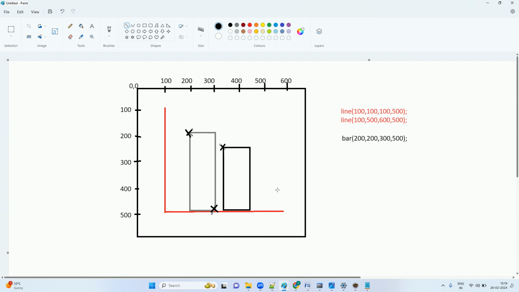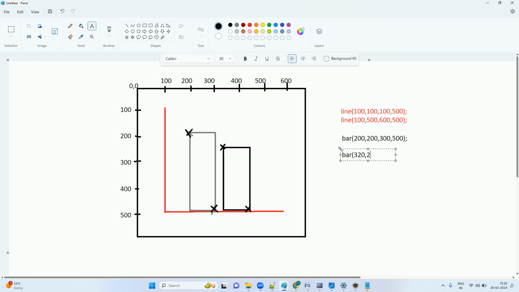This is which coordinate and this is which coordinate. So this is not 350, this is 220. Give a gap of 20. So draw a bar, x-axis is 320, sorry, 320, and this is 250.